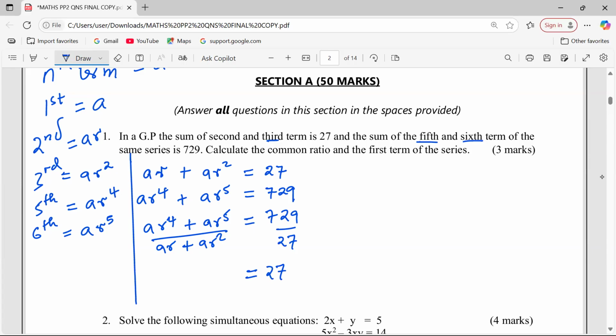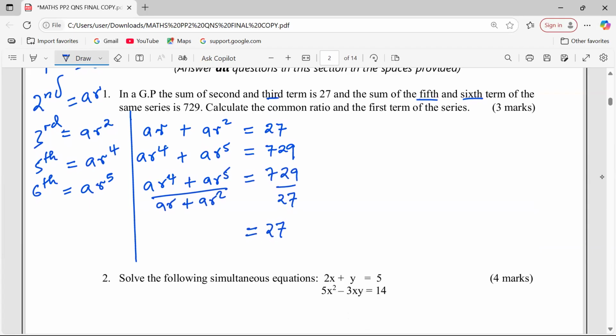On my left-hand side, I can factor out A R power 4 to remain with 1 plus R. Divide by, in the denominator, I can factor out A R, again to remain with 1 plus R. So you discover that 1 plus R can simplify out.